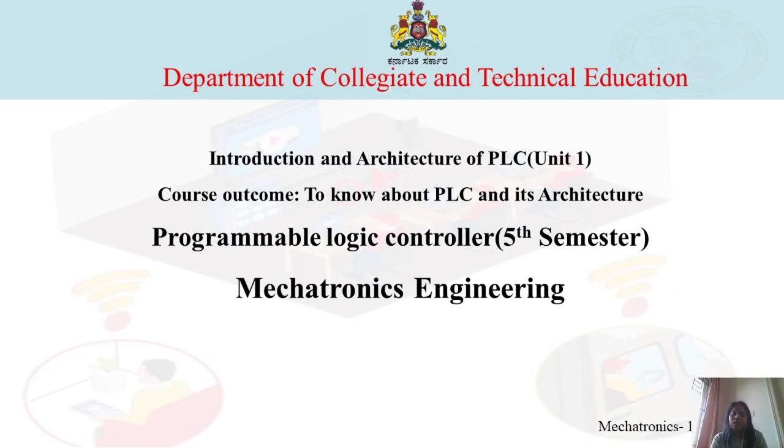Understood? So there the inputs will be switches and sensors, and the outputs will be your solenoids, motors, lamps, etc., apart from the normal inputs and outputs. Here PLC is a process control computer.